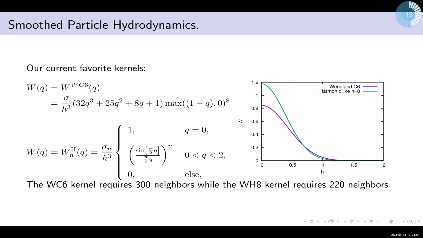Can you repeat the question? What is the meaning of kernel? The kernel is a mathematical function that has certain properties. These are what we call radial kernels, where Q is the radial distance between the two points you're looking at.